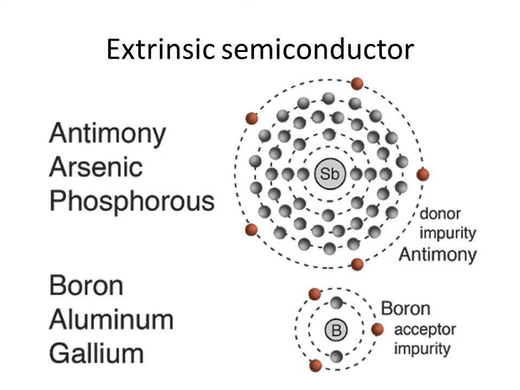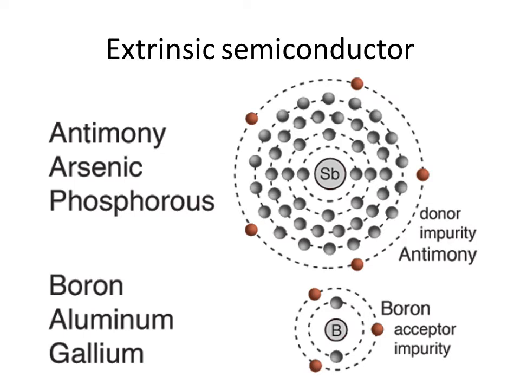Depending on the doping concentration, you will have some free electron concentration, and that makes the material n-type. N-type means it has excess electrons, and those electrons make conductivity possible in that material.